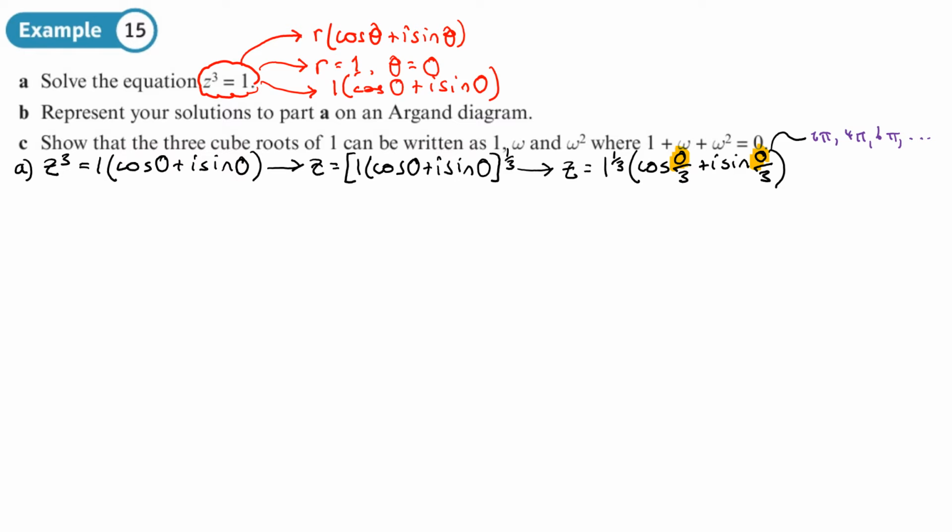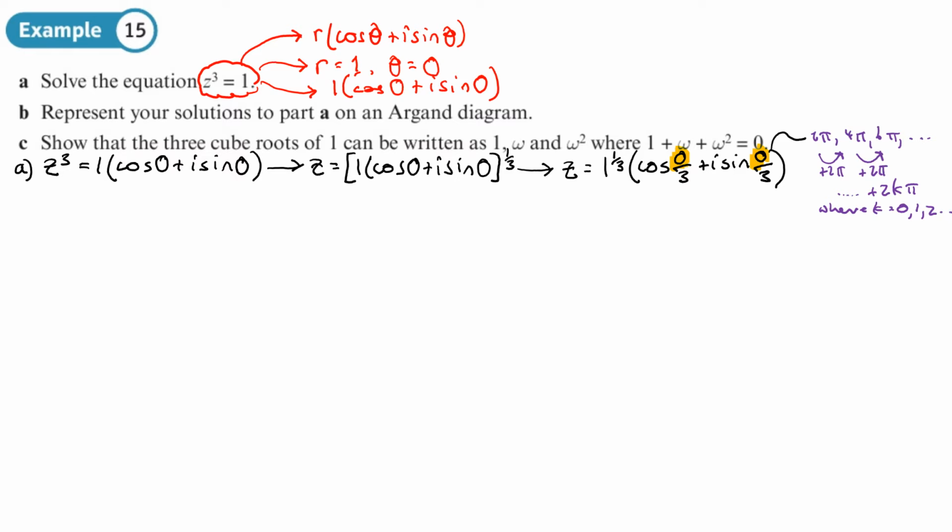We want to keep adding 2 pi to the original argument. And if we generalize that, we could say we want to add 2k pi to the original argument, where k is 0, 1, 2, so that we don't miss any roots, we get all of the roots.